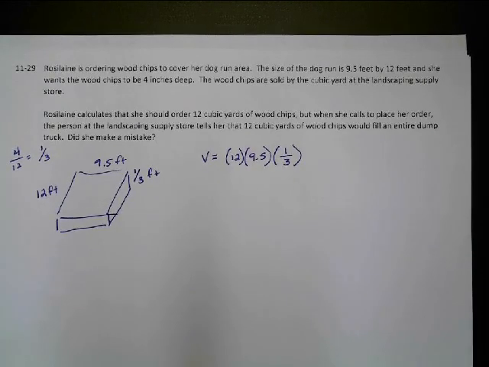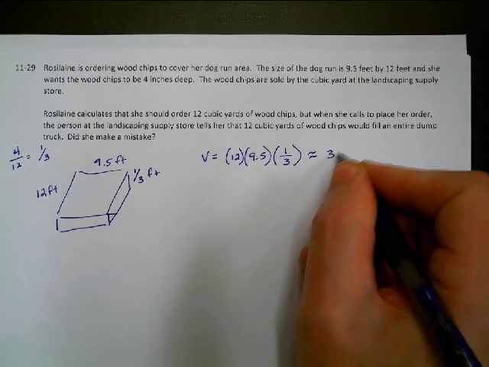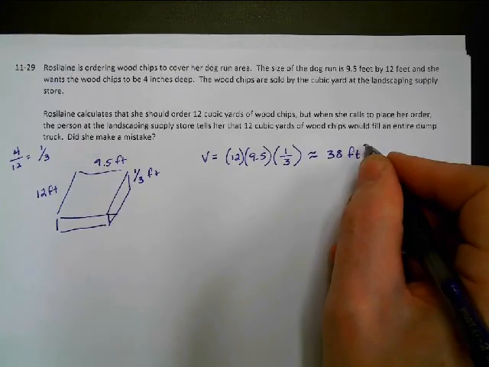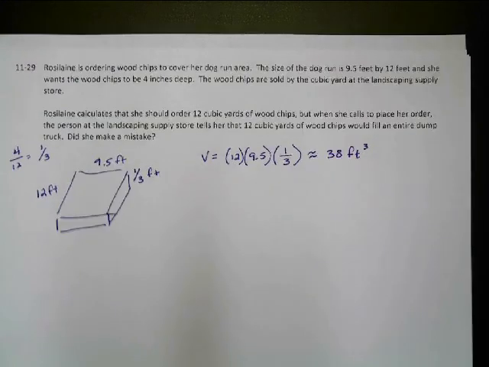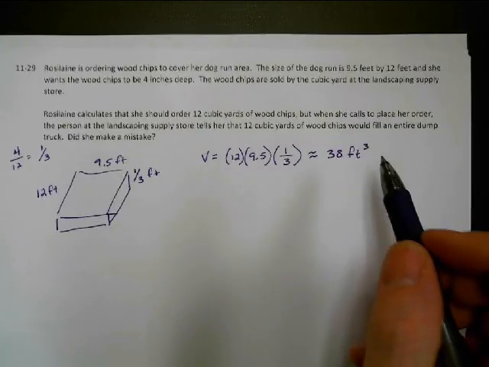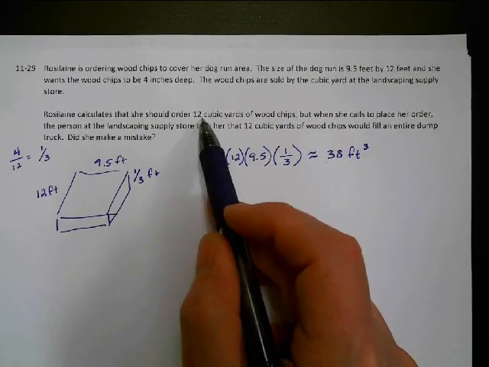She needs approximately 38 feet cubed. That's how much she needs. Now, what she probably did is she's like, well, there's 3 feet in a yard, so I'm just going to divide this by 3. That's how she's getting the 12. But that's not how it works.